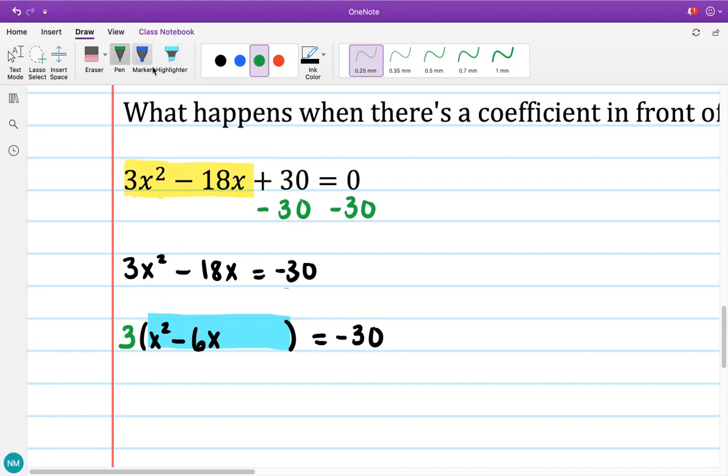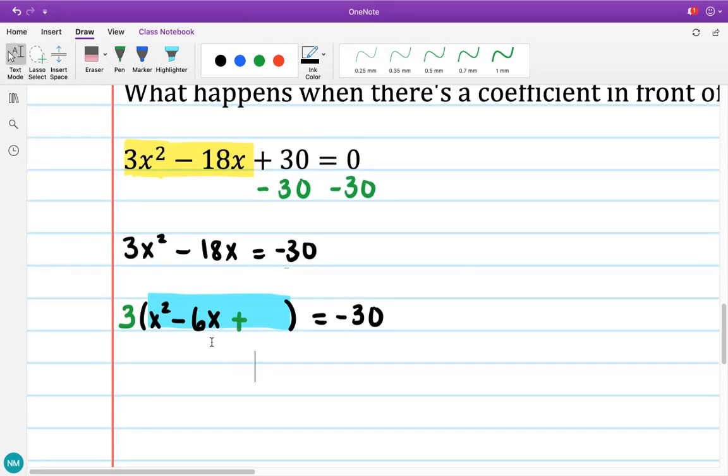And so it's x squared minus 6x, right? Plus what? Half of 6 is 3. And over here, I'm going to put 3 squared, which is 9. But, big but, this 9 is technically not a 9.